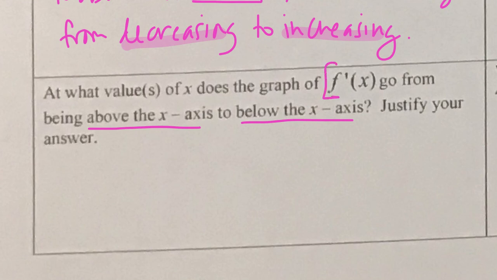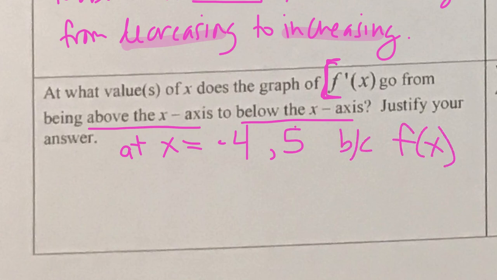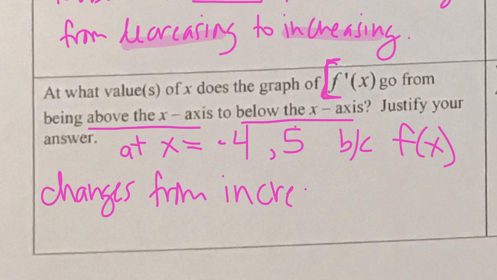We're going to answer this question using complete sentences. f prime will go from positive to negative at x equals negative 4 and 5, because f changes from increasing to decreasing.